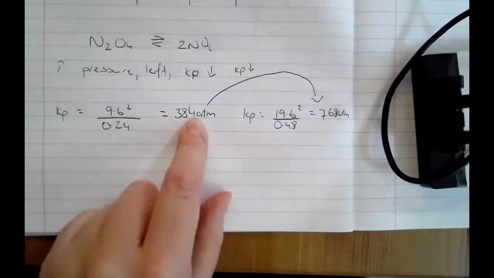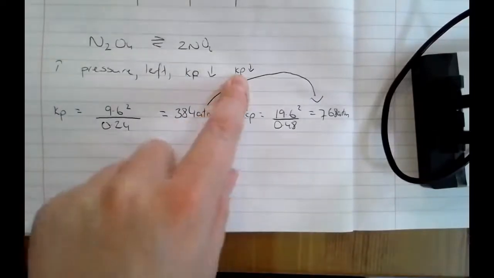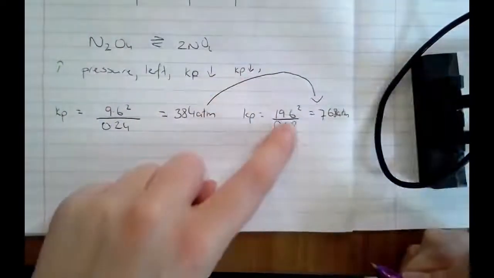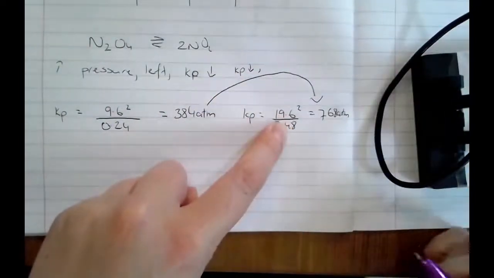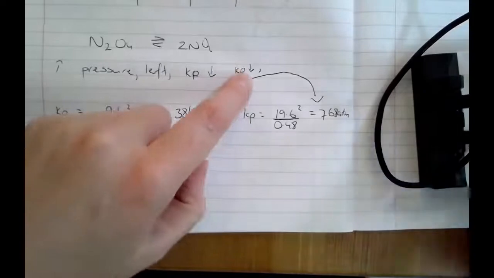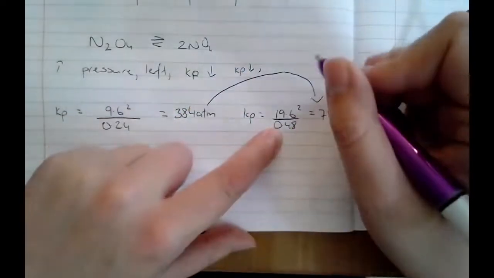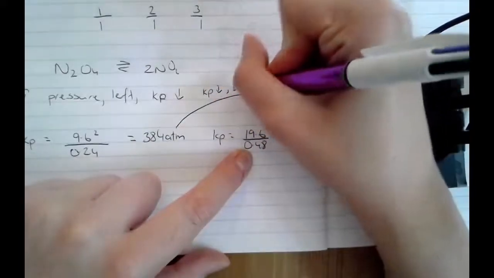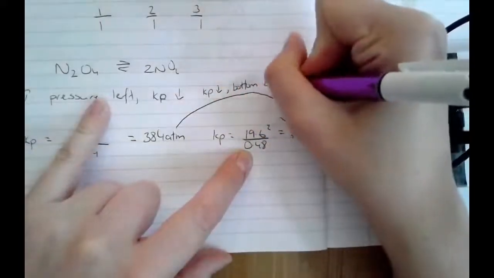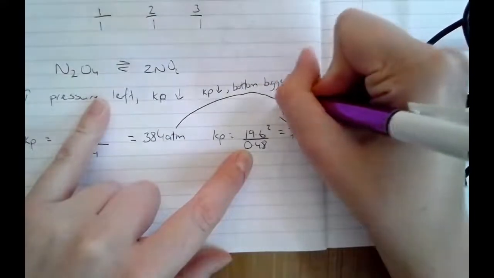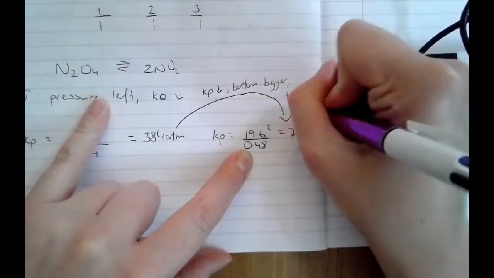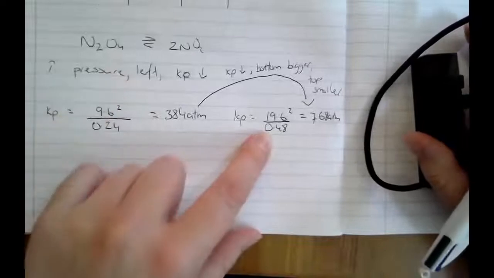If I want my Kp value to decrease again, what needs to happen to this expression here? If I want that value to get smaller, then it's the opposite to what I had last time. I need the number on the bottom to get bigger, and I need the number on the top to get smaller.